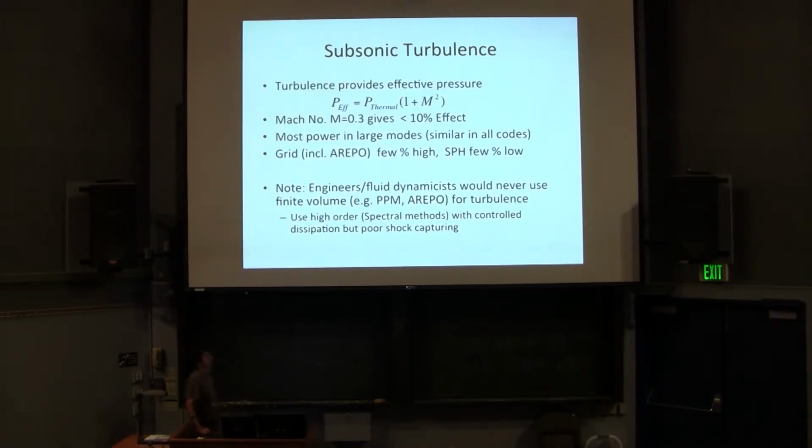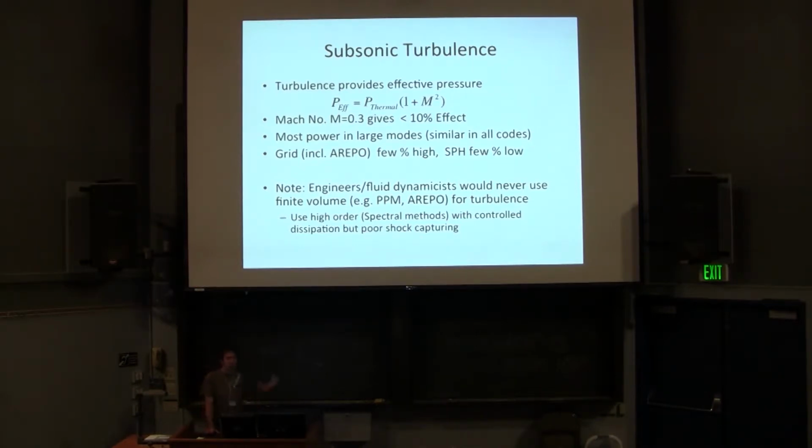So a way to quantify that is that you can think in terms of what does this fairly unresolved or poorly resolved kinetic energy do. It behaves to leading order like an effective pressure, right? And so if you have a Mach number of 0.3, you're talking about effective pressure of less than 10% involved in this small scale turbulence.